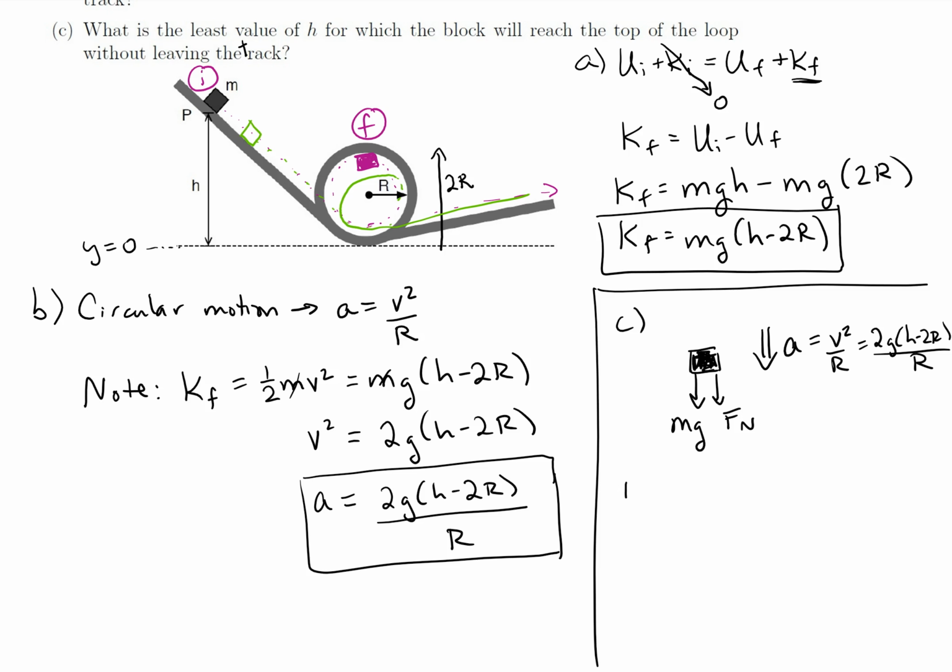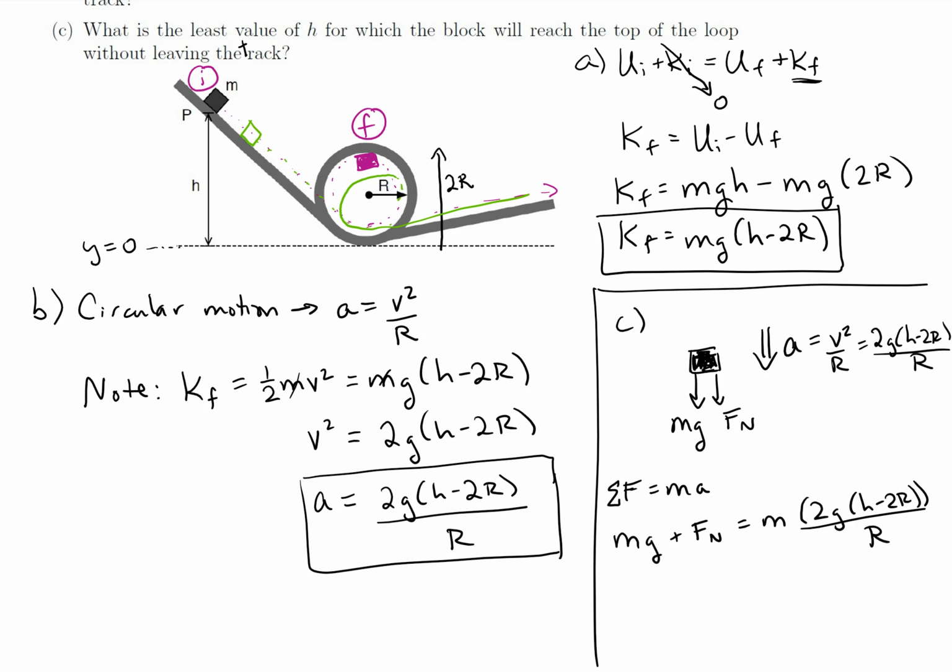And so if we set up F equals ma, where F is the net force, then mg plus the normal force has to give us ma, or m times 2g(h minus 2r) over r.